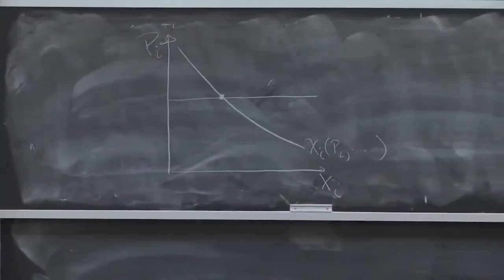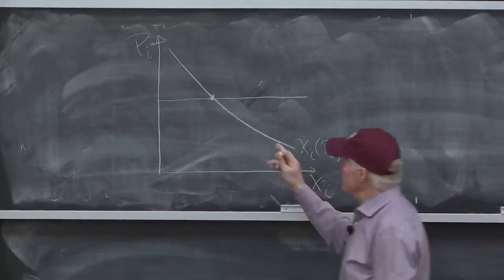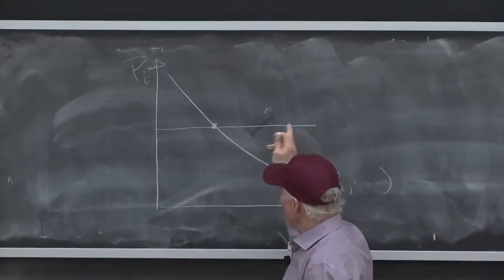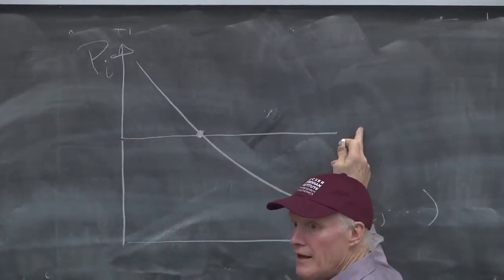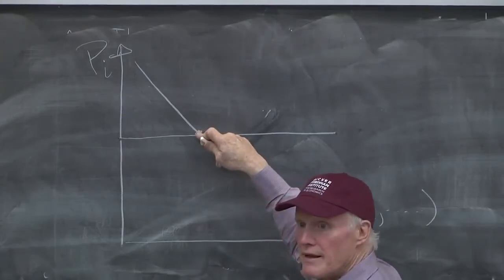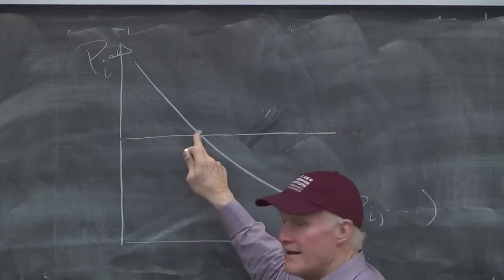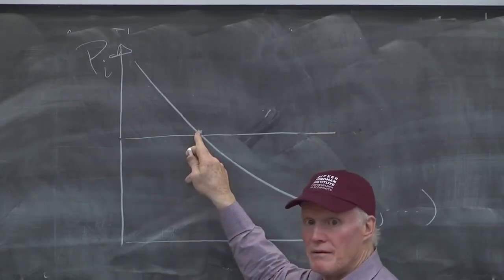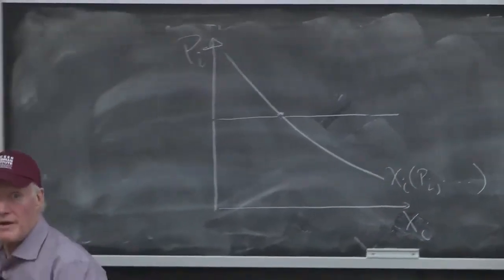What this model says is his preferences are such that the best point anywhere along that line is that point. Everybody agrees with that? That of any point along a horizontal line, that has to be the best one. Because that's the one he picked. He wouldn't have picked it if it wasn't the best one.